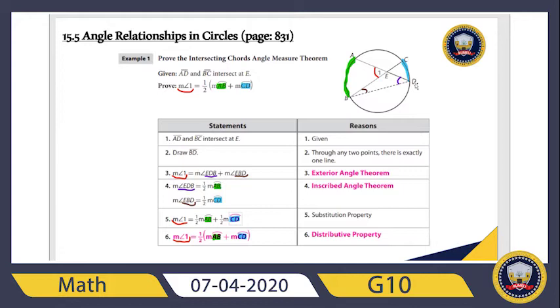Okay, so how can I prove this? I will start by drawing this segment that is BD. Okay, now after I draw BD, what is the measure of the angle 1? It is an exterior angle for this triangle. So it is equal to the angle D plus the angle B.